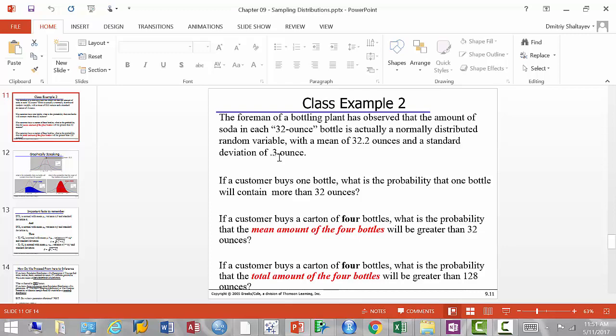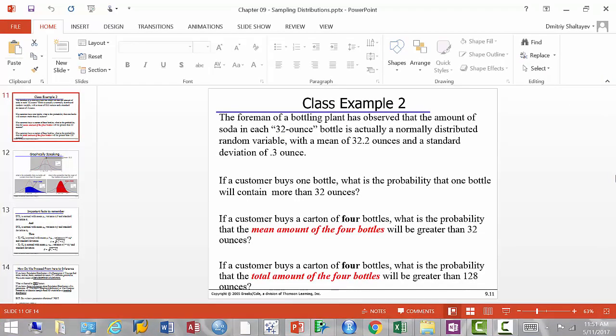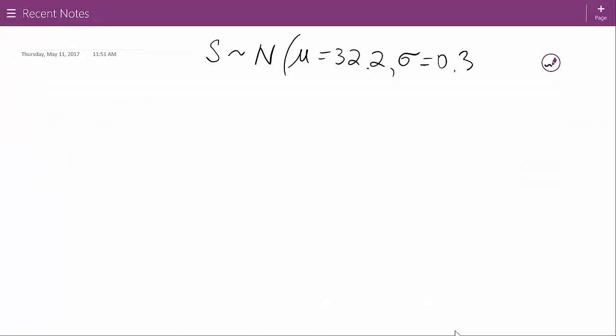So what we have here is, let me create a new page. What the foreman is telling us is that the amount of soda, let's use a different letter for our random variable, S, that we put in each bottle is normally distributed with the mean of 32.2 ounces and the standard deviation sigma equal to 0.3 ounce.